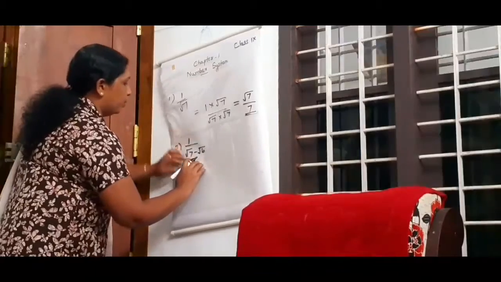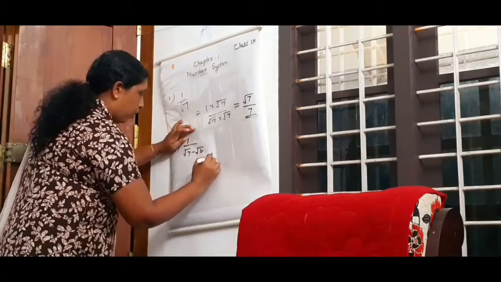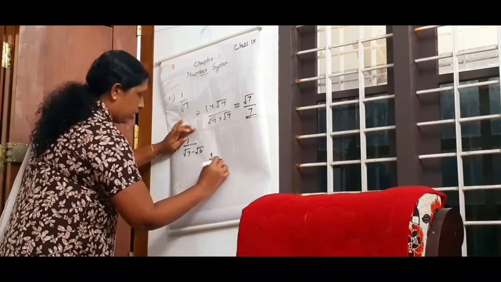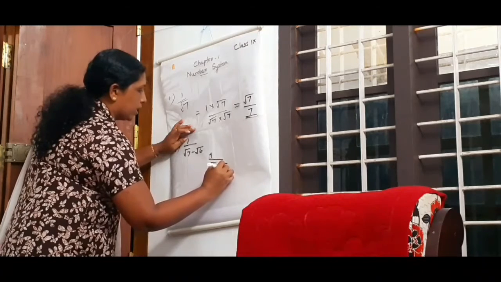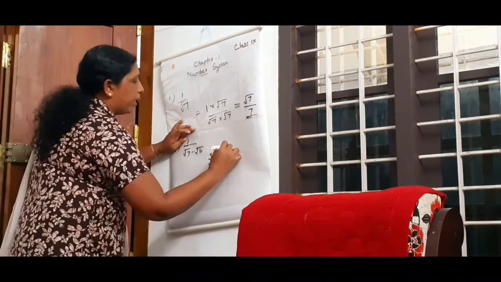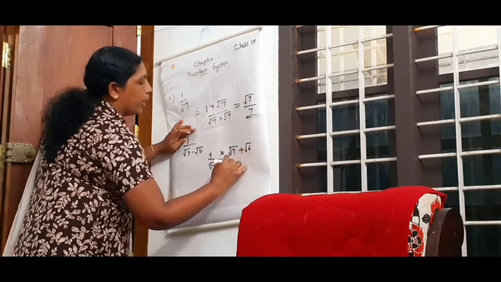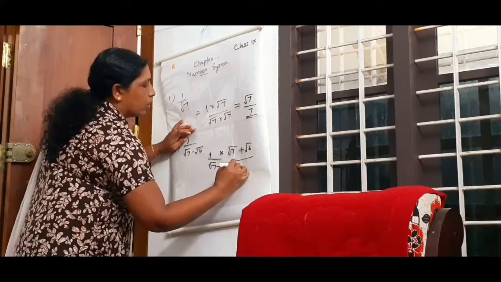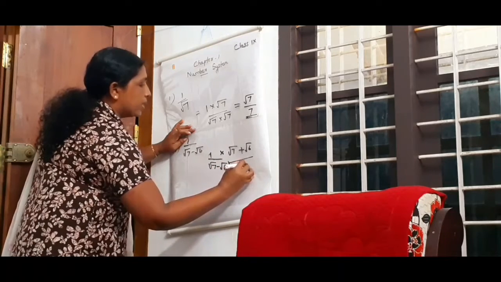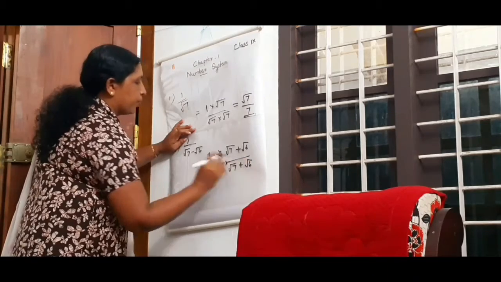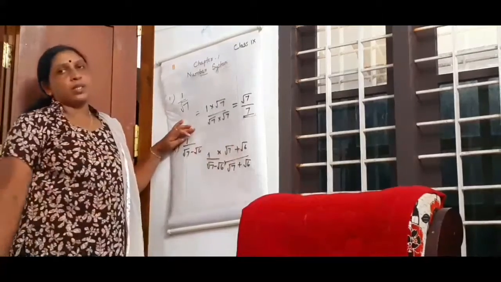Then what do you do? 1 by root 7 minus root 6, multiplied by root 7 plus root 6 in the numerator and denominator. Root 7 plus root 6. So 1 into root 7 plus root 6.